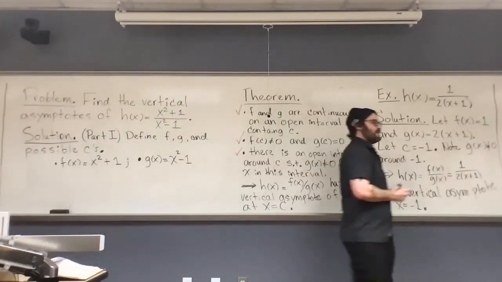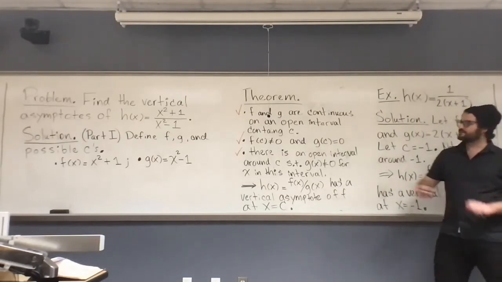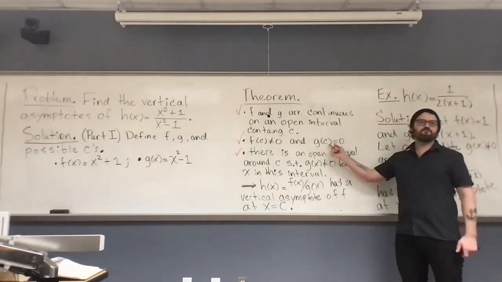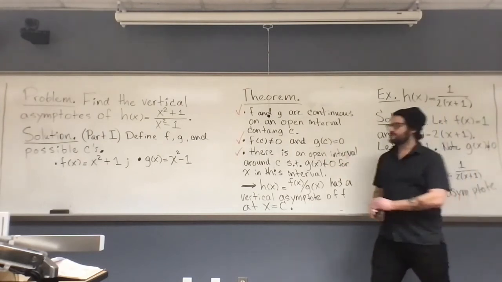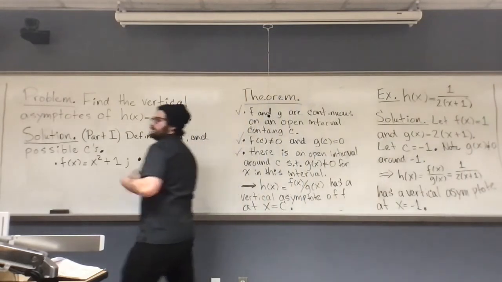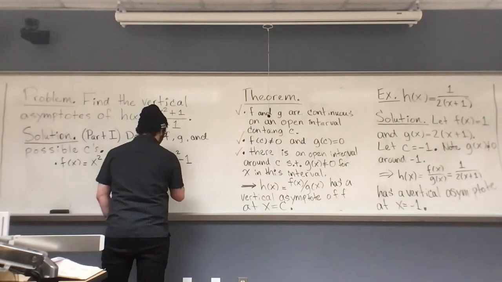You don't see the possible issues, the possible zeros of g, right? That's the whole thing that we're trying to get to. Where is g equal to 0? If you don't see it right away, you can factor this difference of squares. You can always factor difference of squares.